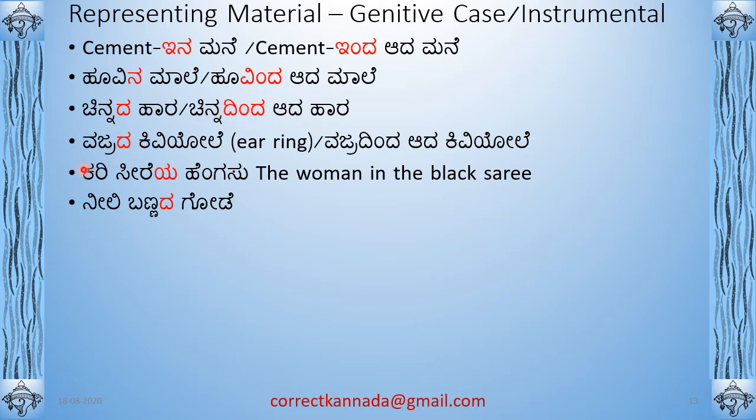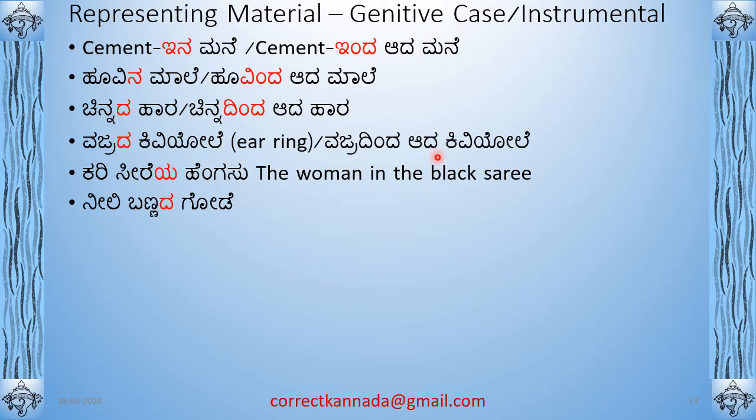Chinnadinda. Okay, then "Vajrada kiviyole." Kiviyole means earring. Vajra is diamond. "Vajrada kiviyole." Then "Vajradinda ada kiviyole." This ada is actually the past tense of agu. Agu is a verb meaning to become.